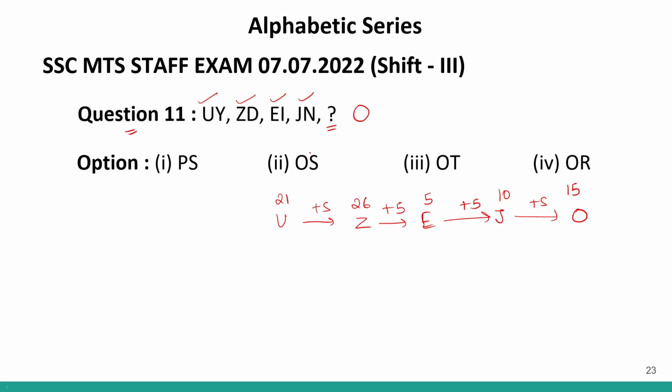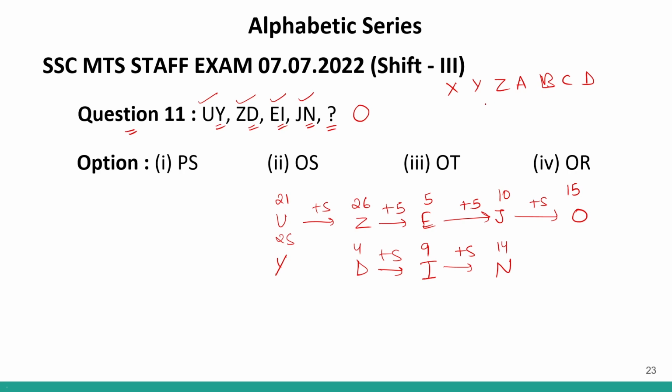Clear? Now, moving on to the second one. We have Y, D, I and N. So Y, D, I and N. So Y is how much? Y is 25. This is 4. 9 and N is 14. So this is plus 5. This is plus 5. Now if we have X, Y, Z, A, B, C, D. Correct?